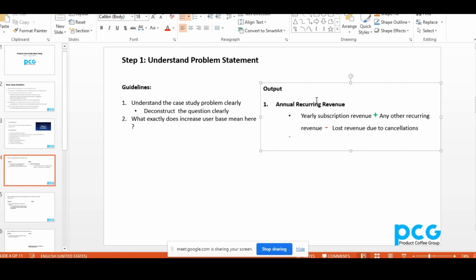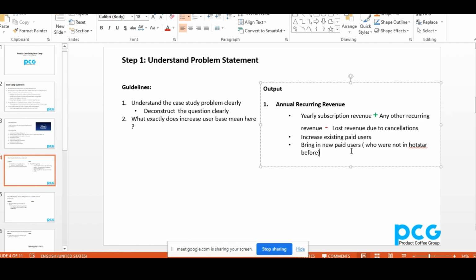The next way could be to bring in more paid users, basically new users who were not in Hotstar before. These are the two levers, and the third lever is pretty clear actually.